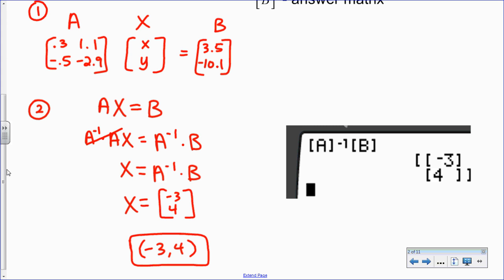So you have to do the 1 over AD minus BC. And then if it doesn't say by hand, then you can just use the graphing calculator. And you're going to want to use it because it's going to save you time for one. And then, like I said, we don't do inverses of 3 by 3 by hand. Like you'll need the graphing calculator for that. Okay?